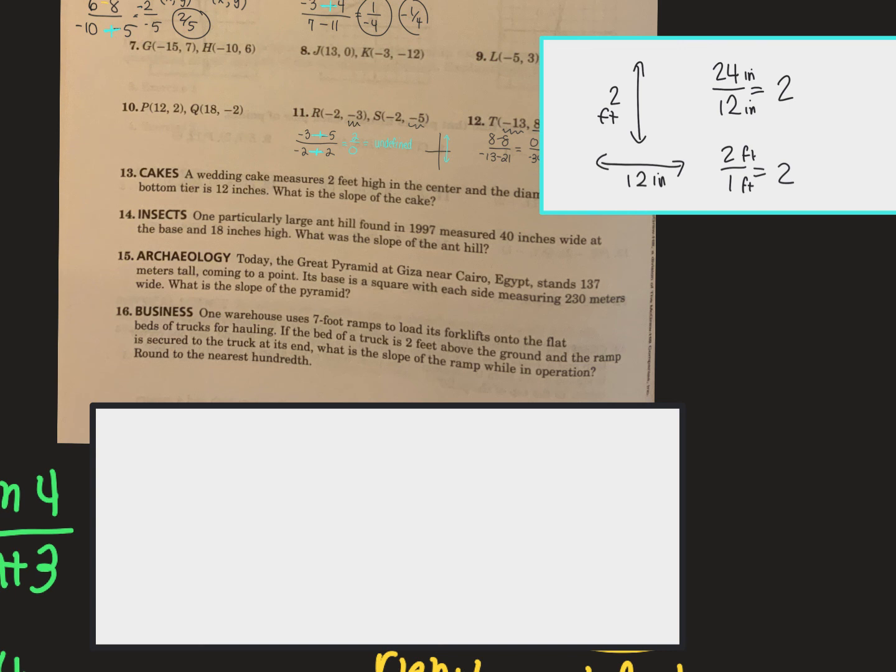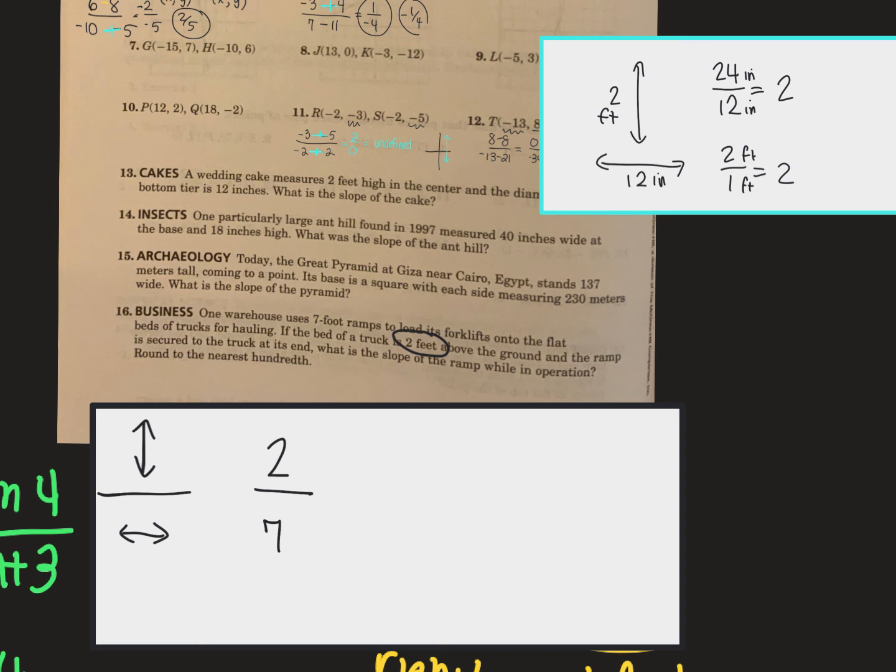Okay, so we need to know our vertical number first, and then our sideways number. If the truck is 2 feet above the ground, that is going to go on top. And the ramp itself, it's a 7-foot ramp, so it would go there.